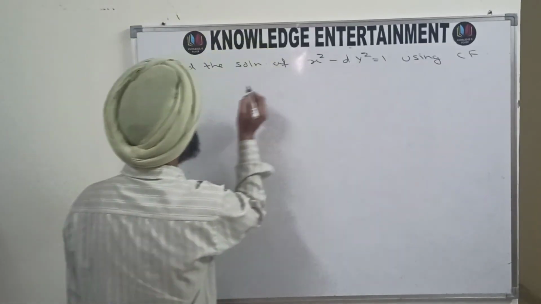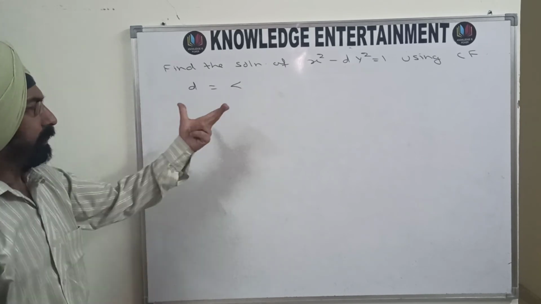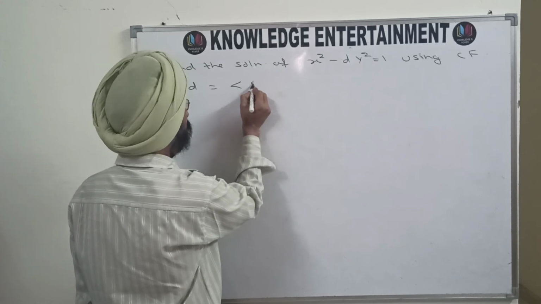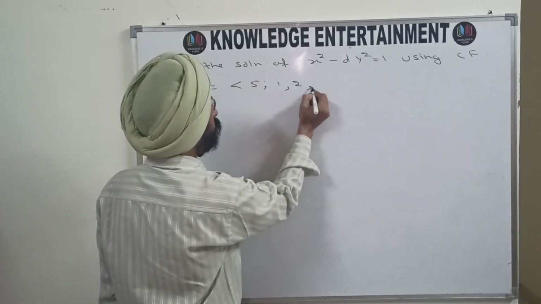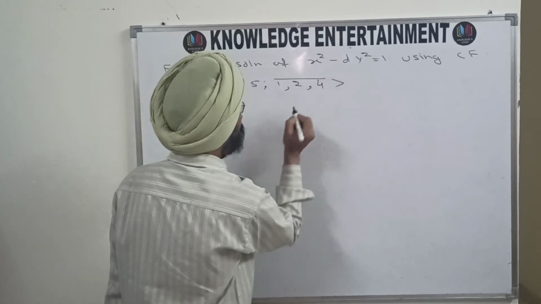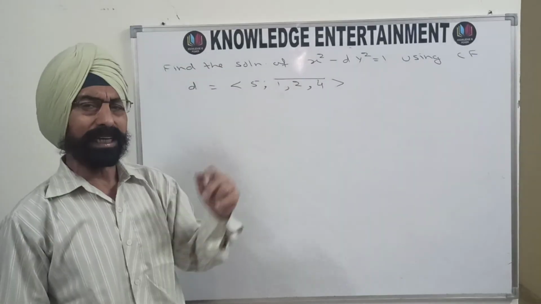And for this D, suppose your continued fraction expansion gives you 5, 1, 2, 4, and this is the period. Here the length of the period is 3.